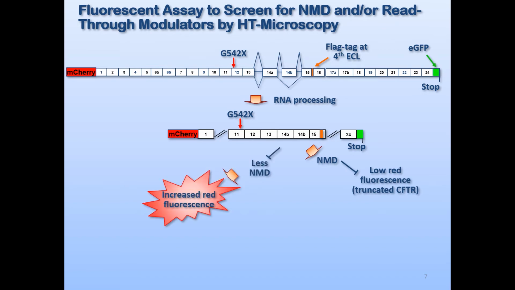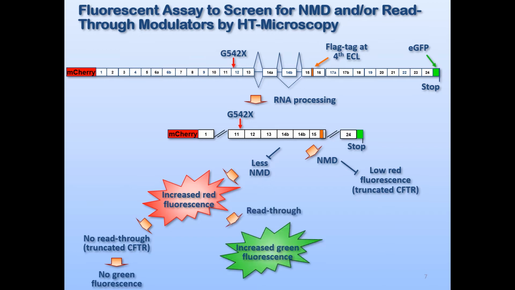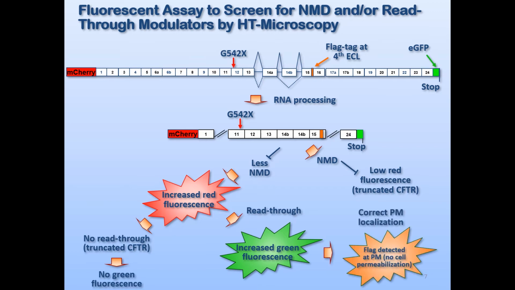In case of less NMD, so inhibition of NMD, we observe an increase in red fluorescence, but still no green fluorescence because the final part of the protein is not produced, because it's a truncated protein. If there is some read-through, then the protein is produced in full length and we can observe some green fluorescence appearing.